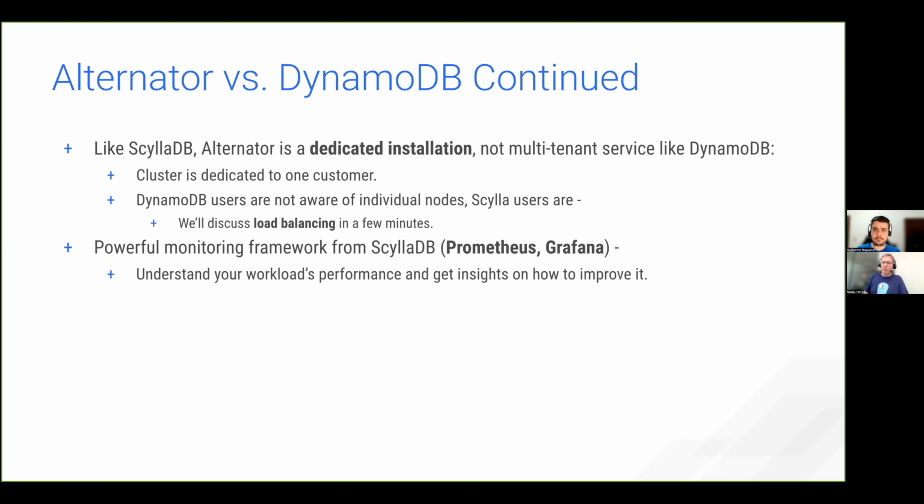Unlike DynamoDB, where you pay just for the requests and don't necessarily care whether it's efficient or not, here you have the cluster and you want it to be as efficient as possible. It's very interesting to see all the metrics and understand if something in your queries is not efficient, and things like that.